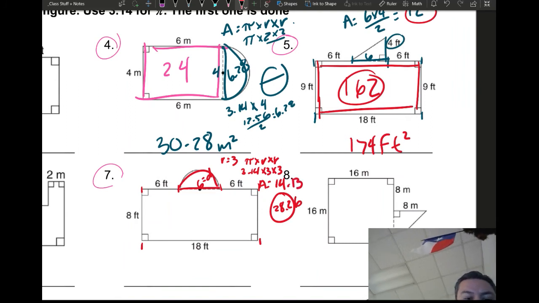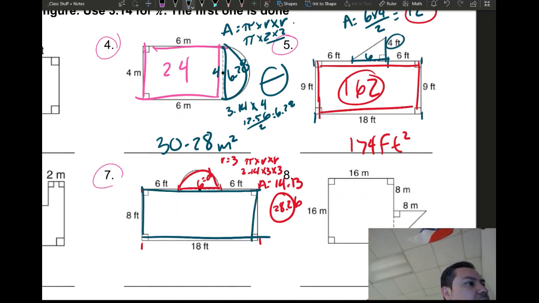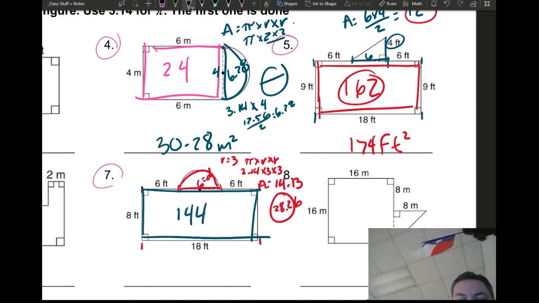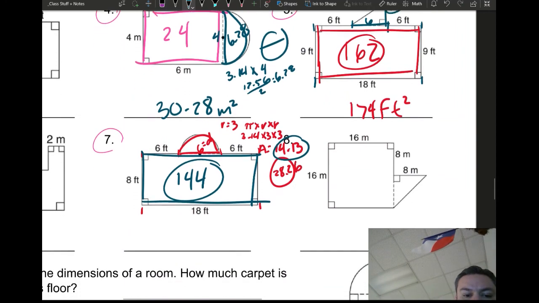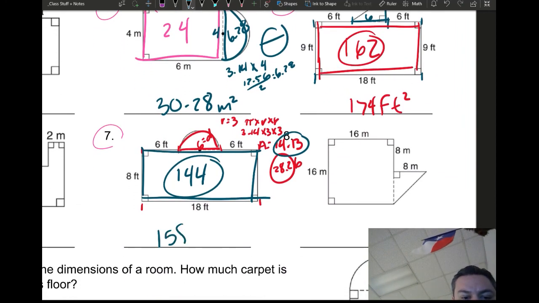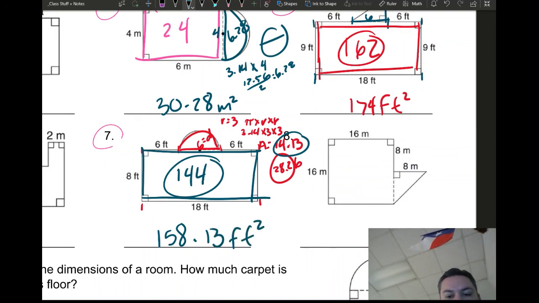Now for the rectangle, it's a 8 by 18. Multiply those two, and you get 144. All you gotta do now is add this and this. So this is going to be 158.13 feet squared.